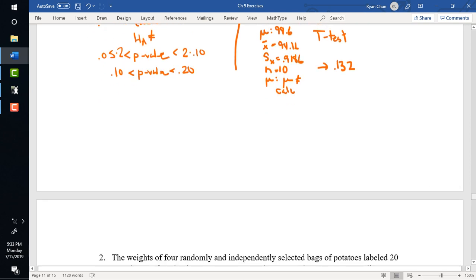So if we look at number 4, we notice our p-value is definitely greater than 0.05. So we say the following. We say we do not reject null.